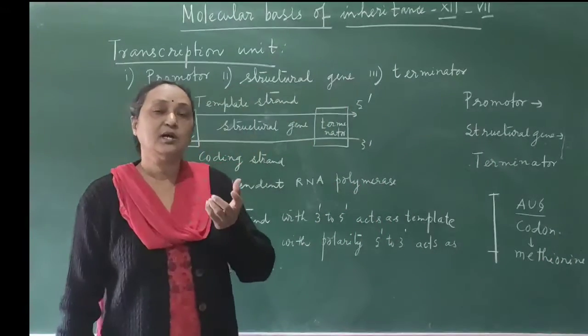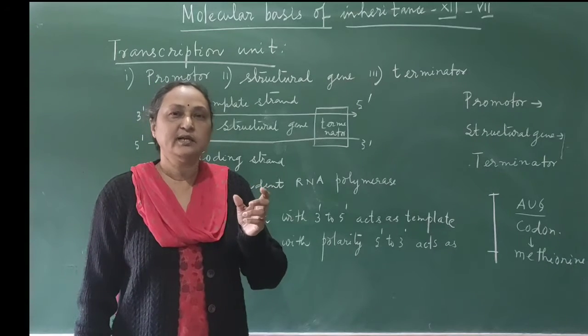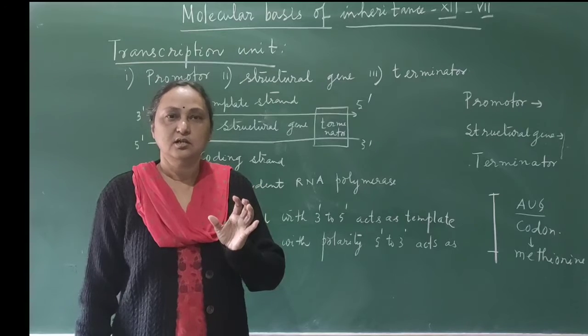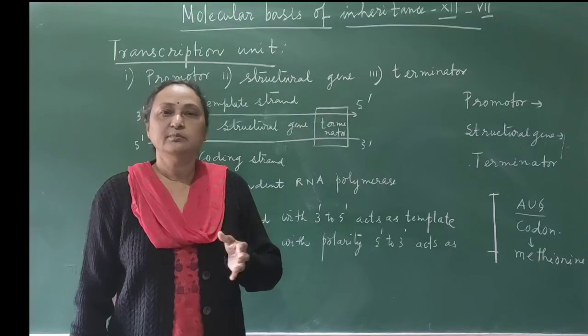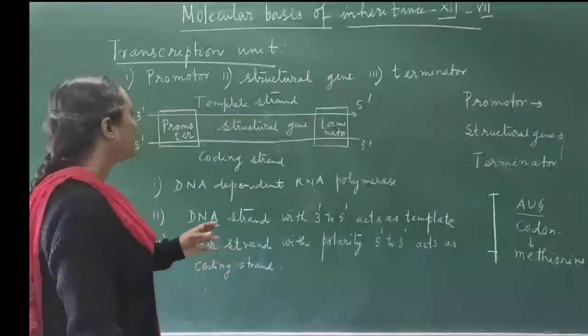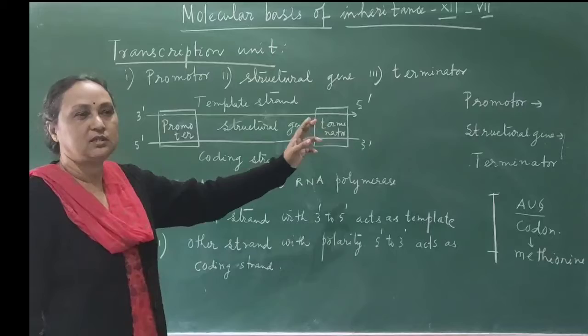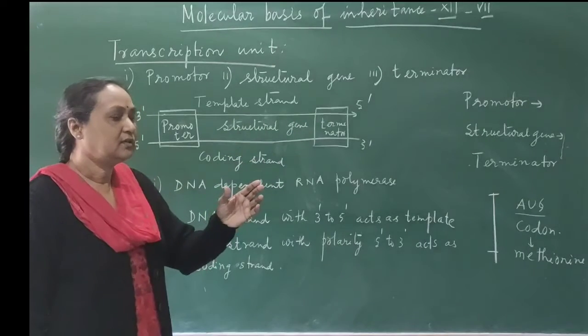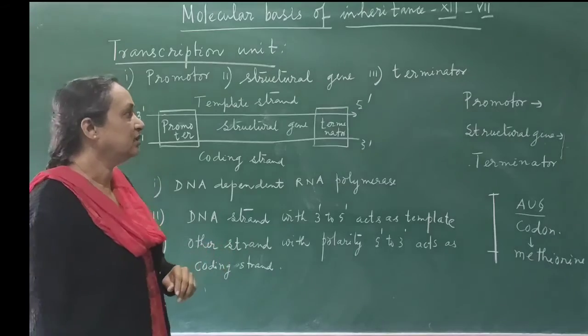Similarly, there are 61 codons, and these 61 codons specify 20 amino acids. So when you study genetic code, then you will be able to know in detail. Okay. So the structural gene is giving the information as per the codons that these are the amino acids which will come and join together to make a protein.